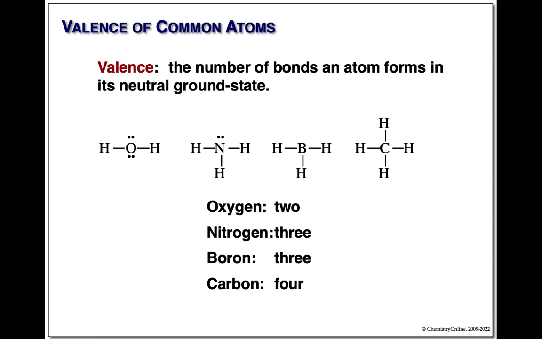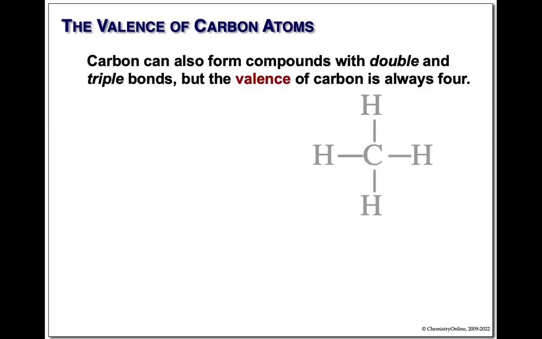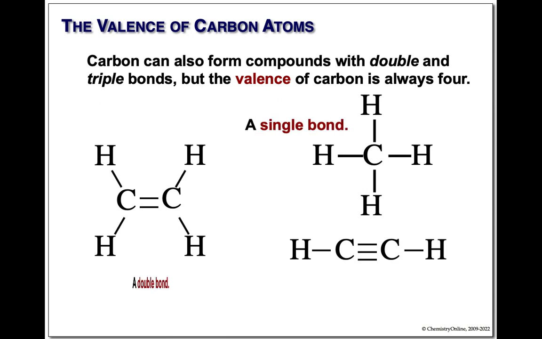Big Lewis acid here. Carbon makes 4 bonds. Now, there are exceptions, but typically carbon in the ground state forms 4 bonds. Now, these bonds can be single, double, or triple. Single bond here, carbon-carbon double bond, carbon-carbon triple bond.